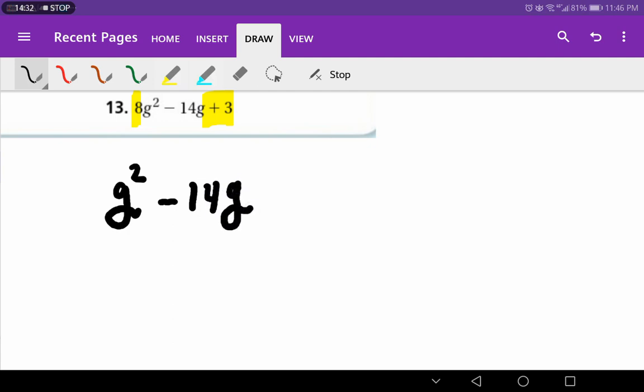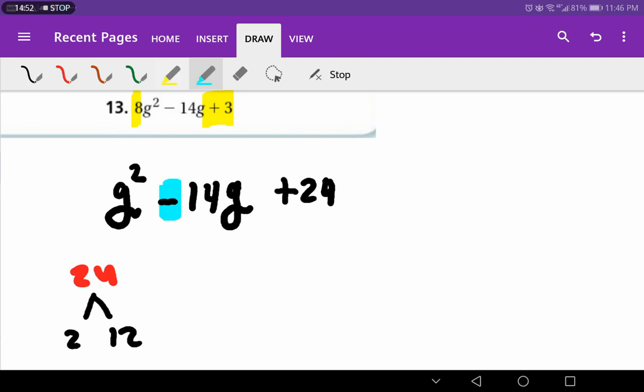Minus 14g plus 24. And as you know, the 24 comes from, yes, clearly it comes from 2 multiplied by 12. But because this thing is negative, I will try -2 multiplied by -12, and these are the factors of positive 24.